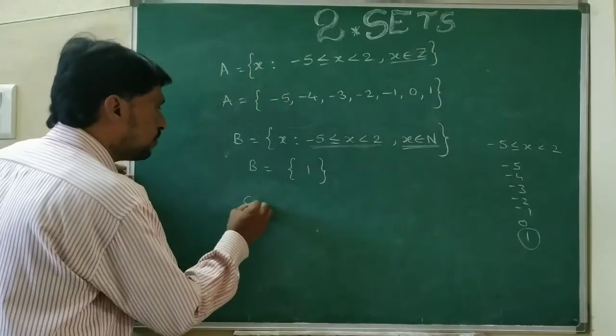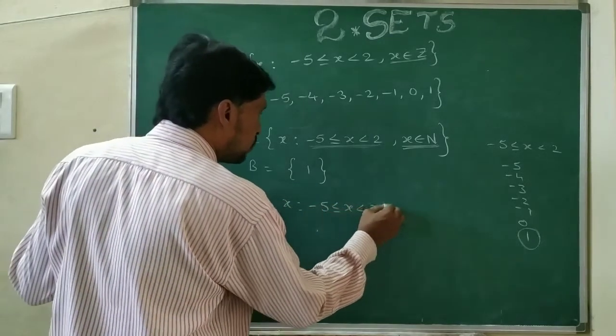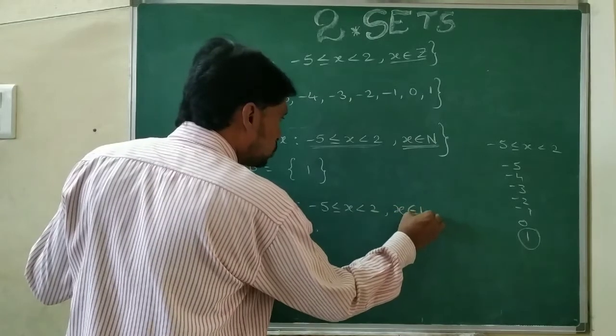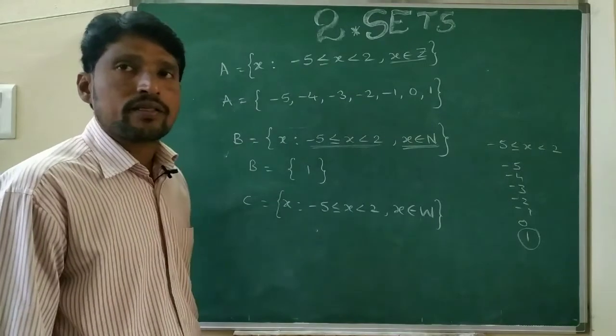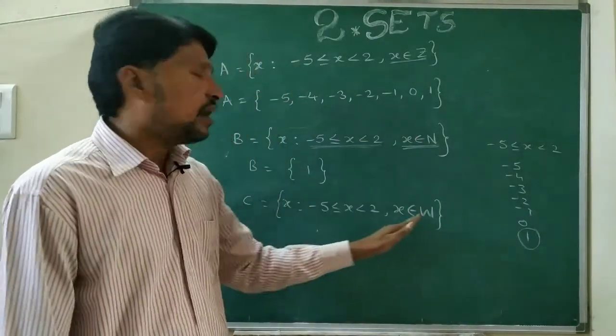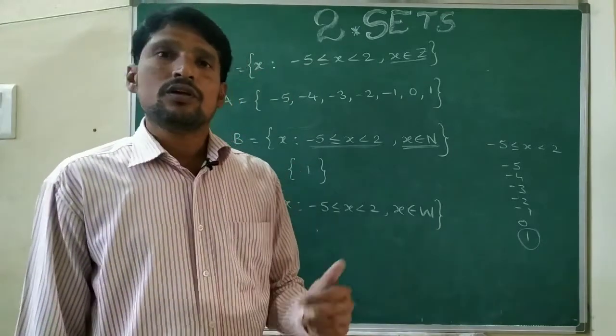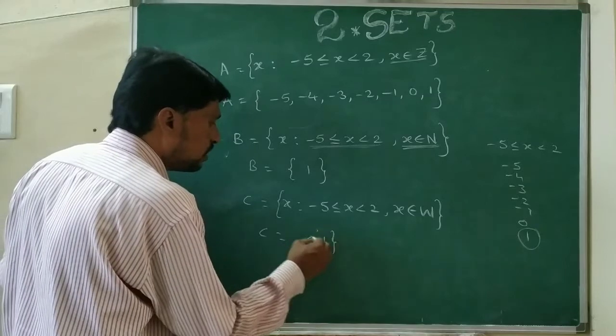One more example, C equals x such that minus 5 less than or equal to x less than 2, comma, x belongs to W. W means whole numbers, you know that is all numbers starting from 0. So what type of elements will come? Yes, C equals 0, 1 only will come.